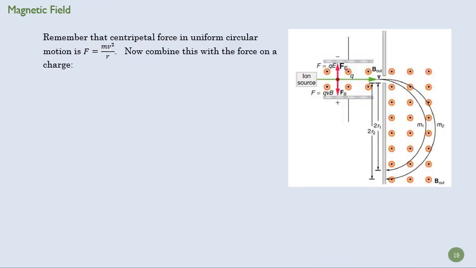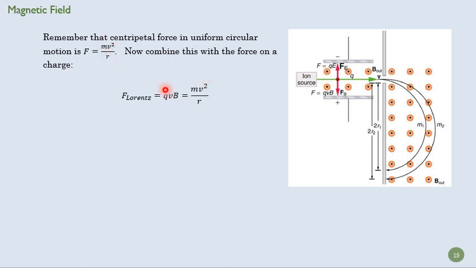What use is that? Well, we can combine our equation for uniform circular motion for the centripetal force, which is mv squared over r, and we can then take our Lorentz force and set that equal to that centripetal force.